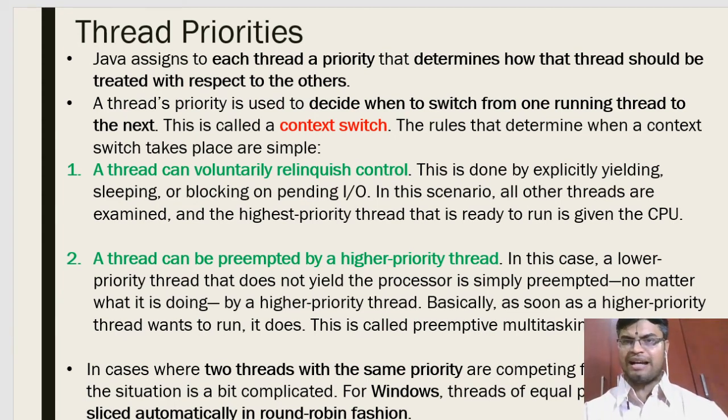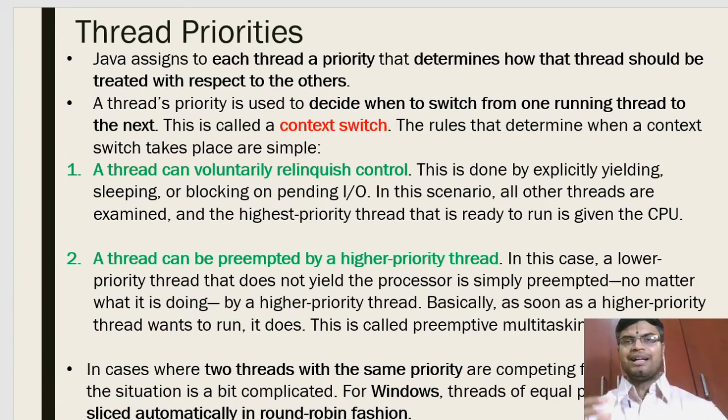But when you create a new thread, by default the priority given for your thread is 5. By default it is always 5, guys. So it is neither 1 nor 10, it is exactly in between, that is 5. All your threads, if you do not specify the priority while creating the thread, will be 5 by default, right?